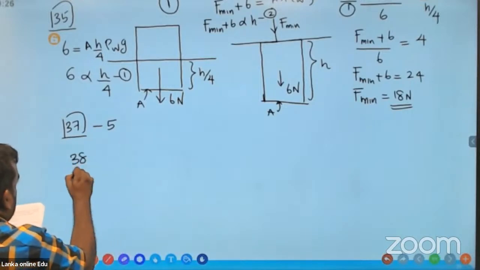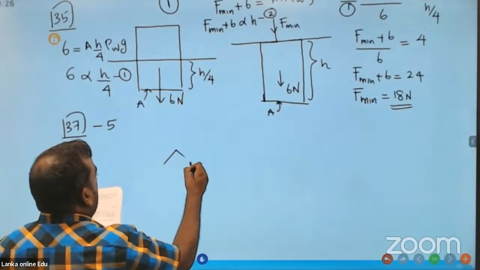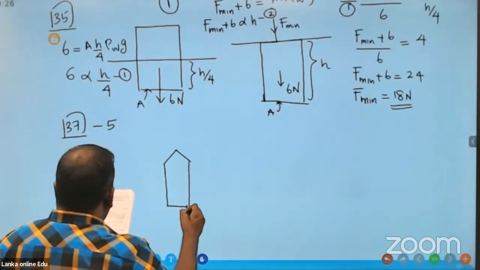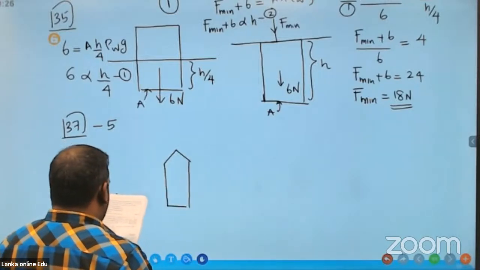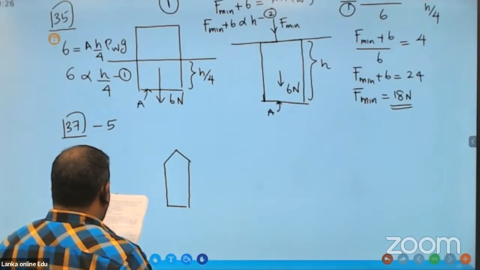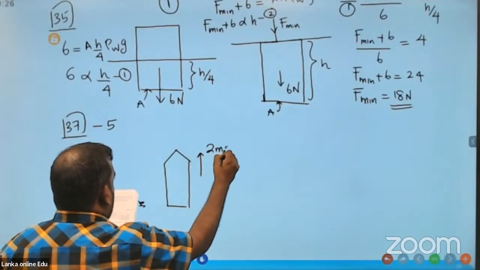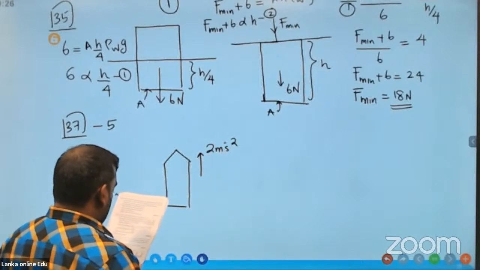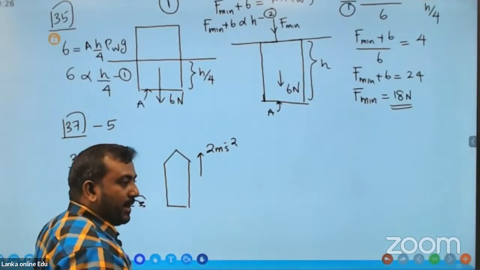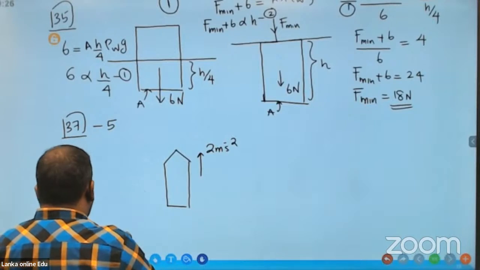MCQ 38. A rocket carrying 1.8 kg oxygen in a vertical tank, cross-sectional area 3 meters squared. At liftoff, it accelerates at 2 m/s² upwards. Pressure at the bottom of the tank. By now, you should know this, because I have taught you this in theory.